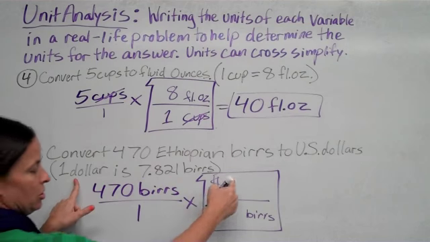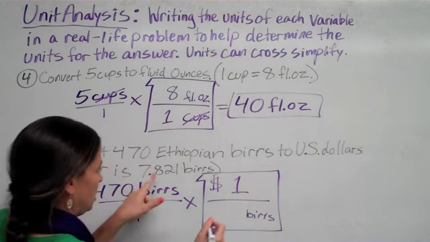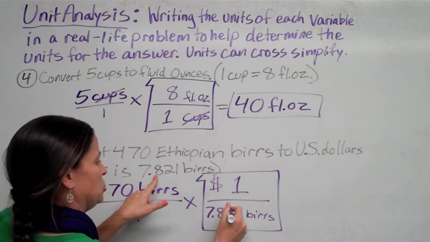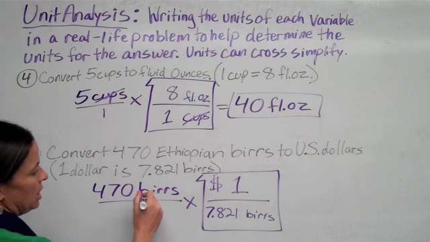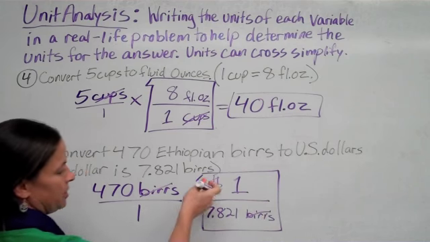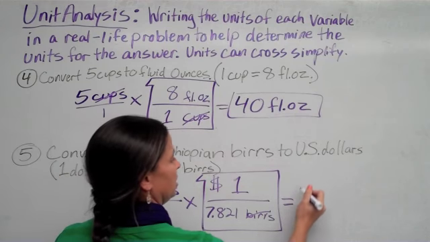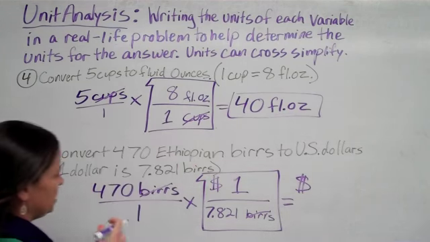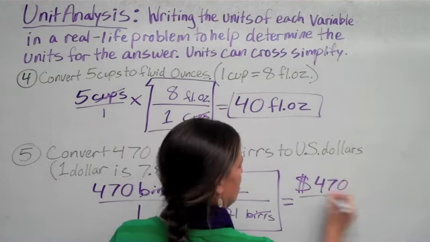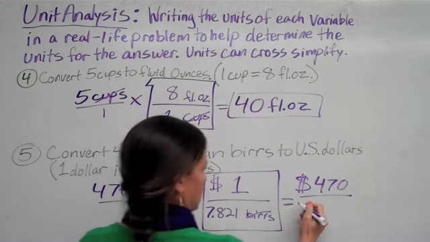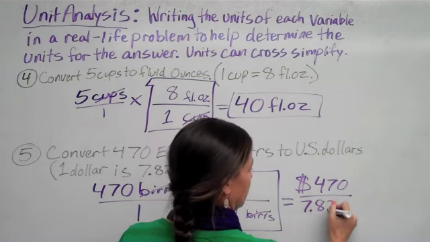Well, the $1 US dollar is on top, and the 7.821 birrs is on bottom. So again, I see that the birrs simplify out. I'm left with dollars. That's great. But in this one, I end up with 470 times 1 is 470 over 1 times 7.821 is 7.821.